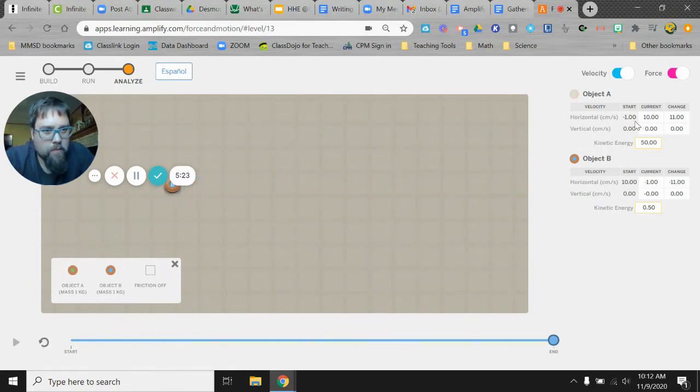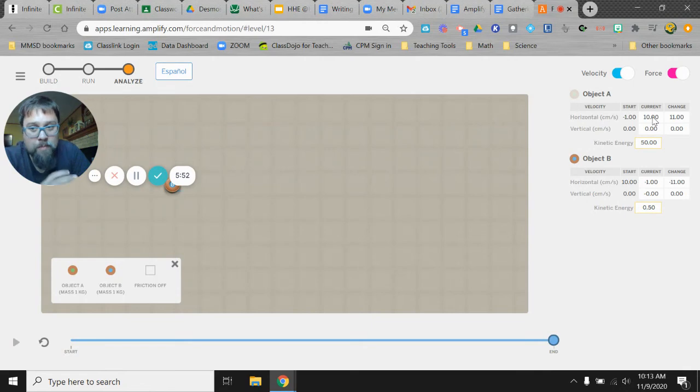All right, so here's what happened with object A. It started out traveling 1 centimeter per second to the left, was then impacted by object B, and began traveling the opposite direction at a velocity of 10 centimeters per second. So again, we did cause object A to speed up, with something happening a little different this time.